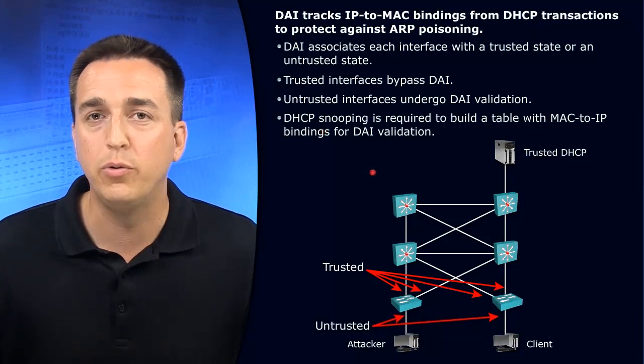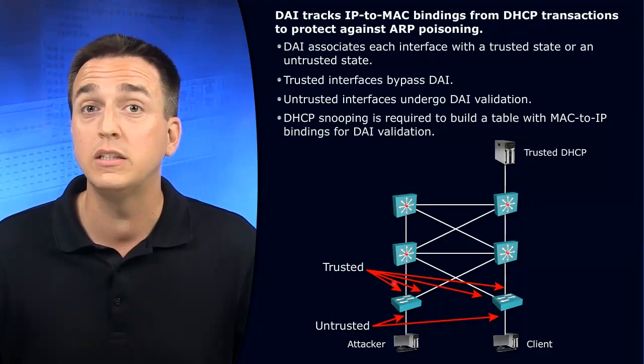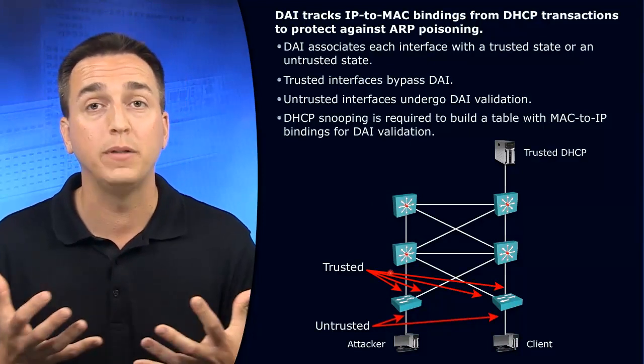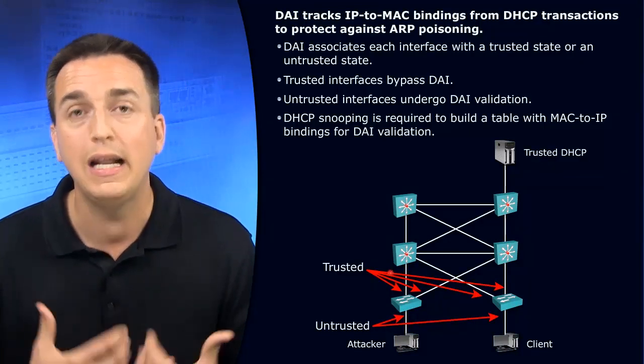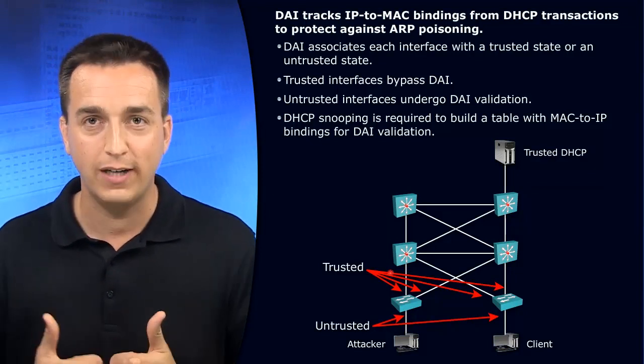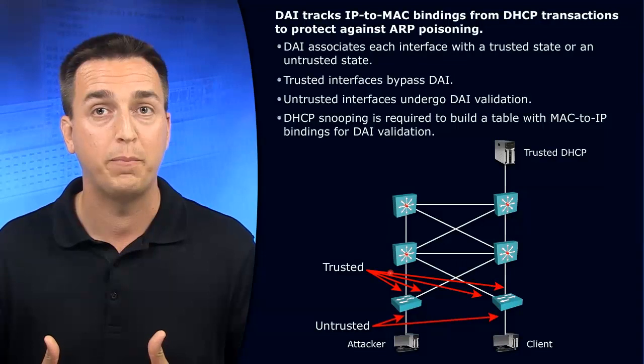So when we enable DHCP snooping, we have trusted and untrusted interfaces. Well, now we'll have to enable dynamic ARP inspection. And when we enable dynamic ARP inspection, we will end up with trusted and untrusted interfaces as well for dynamic ARP inspection.